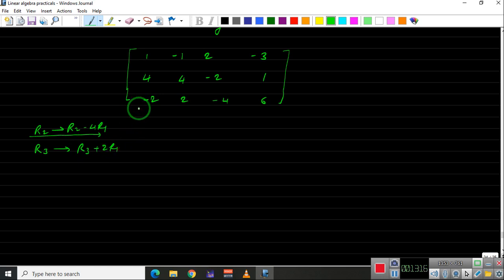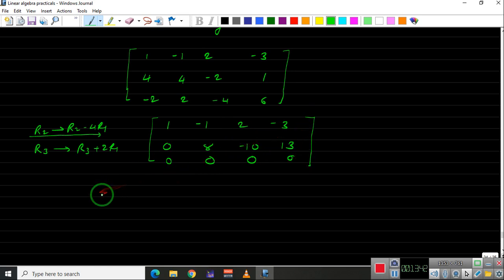Okay, when you perform these operations, you can confirm you will get 1, -1, 2, -3, this is the first one, then 0, 8, -10 and 13, and this will get 0, 0, 0, 0.